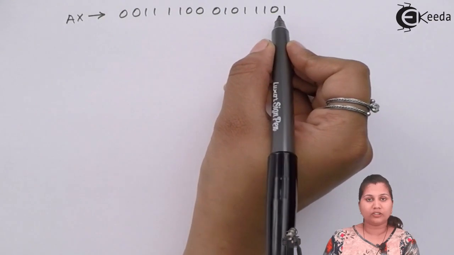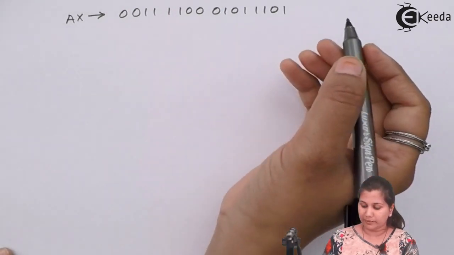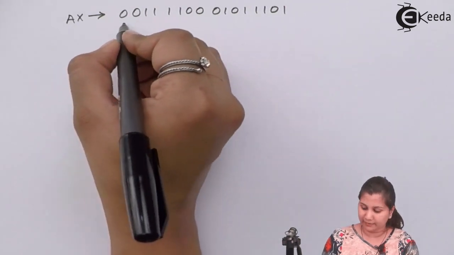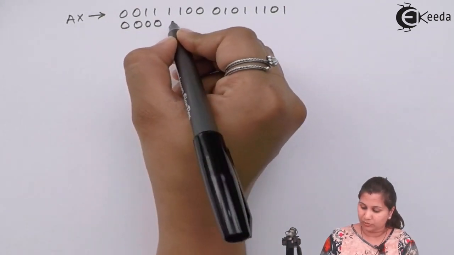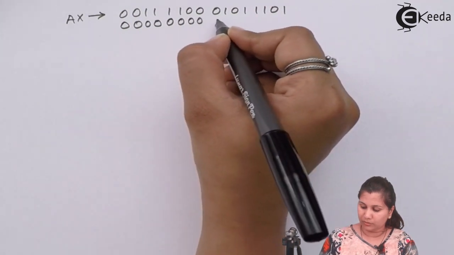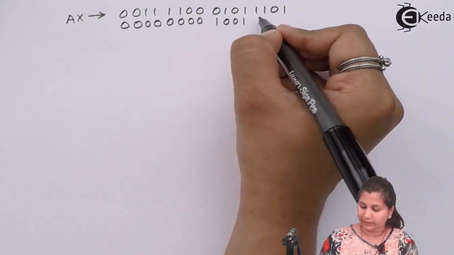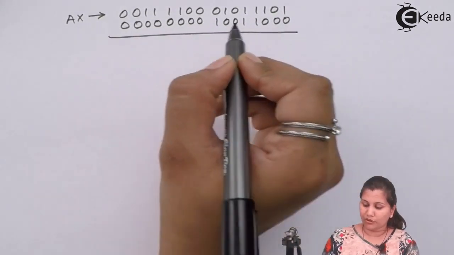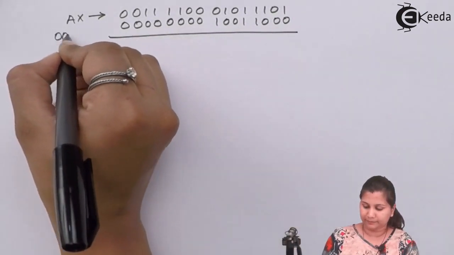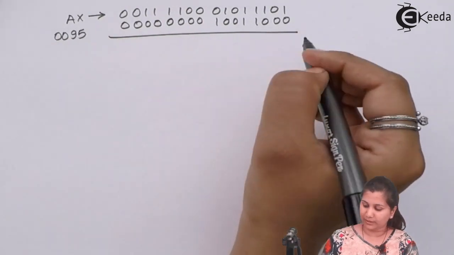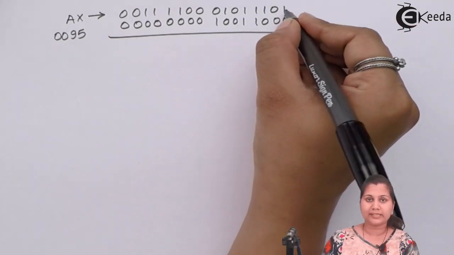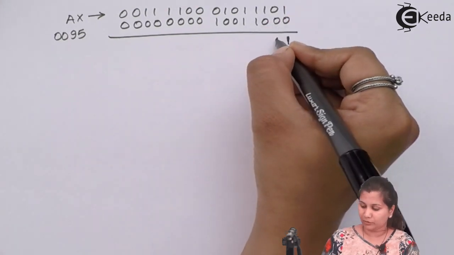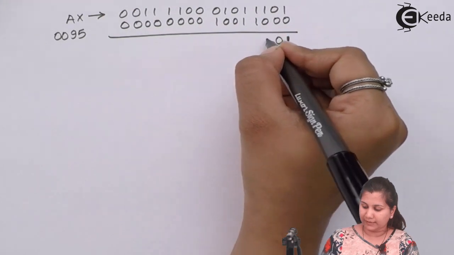These are the contents of the AX register. It is a 16-bit register. Now we have 0098, so 0, 0, 9 and 8. We are going to logically XOR this. For 1 and 0, the bits are dissimilar, so we will get 1. For 0 and 0, bits are similar, so we get 0. For 1 and 0, dissimilar.